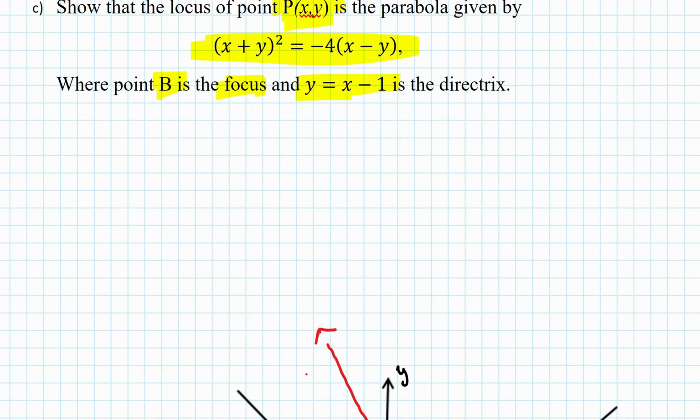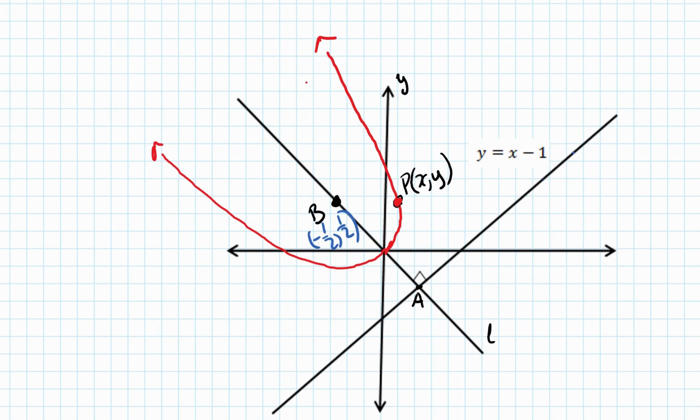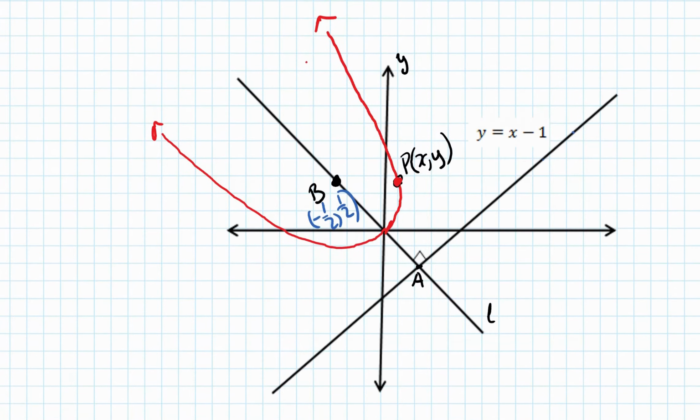Now, I just quickly draw a parabola along the line here, the axis. So P, I just draw somewhere along the parabola, and we know that the distance from the focus point to P and the perpendicular distance to the directrix line are always equal. These are the facts.